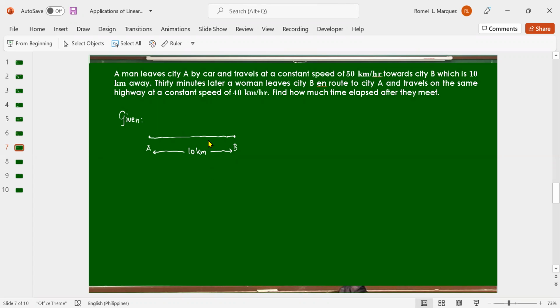Yes, correct. Then, who is faster? The man, no? Compared to the woman, no? So maybe they will meet here. I think not in the middle. More than that, the man travels faster. So this is the meeting point.